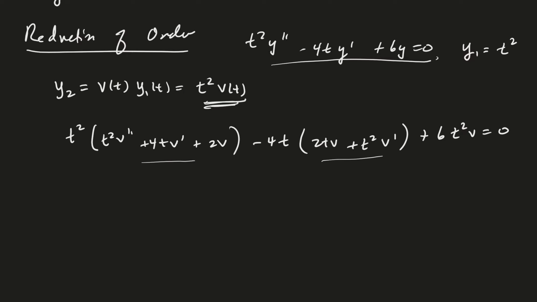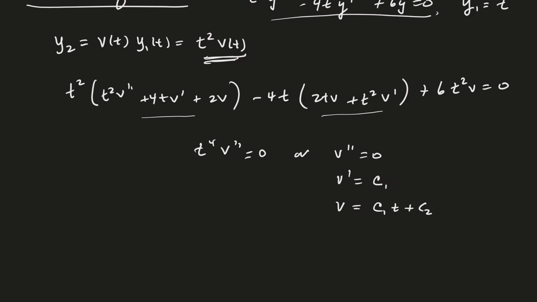Good. And if you simplify this whole thing, I believe we will get t to the fourth v double prime equals 0, or v double prime equals 0, or v prime is equal to a constant, or v equals one constant, and then we get the second constant.